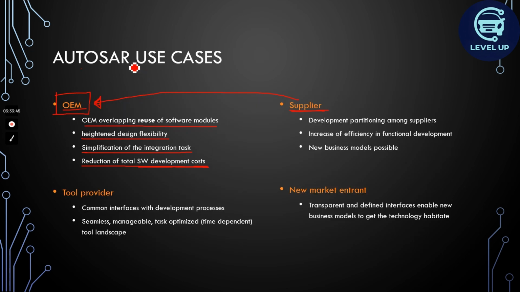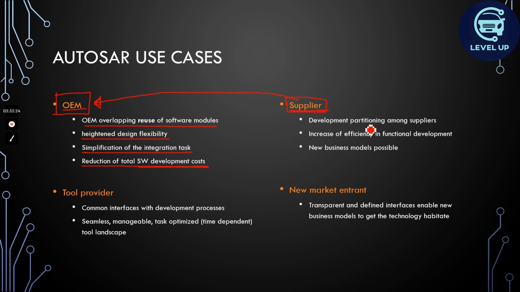A supplier is whoever supports them to do things that the OEM solely cannot do. The OEM cannot implement all the parts of the whole AUTOSAR. There are so many stacks, so they can take some of the stacks from the supplier.